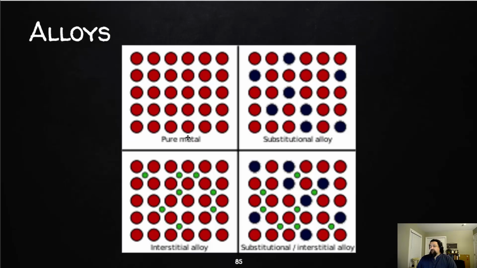All right, but the big thing is that these alloys are mixtures, and depending on what we want to do, we can make different combinations. There are millions and millions of alloys and combinations. Almost every metal that you use is some sort of mixture.